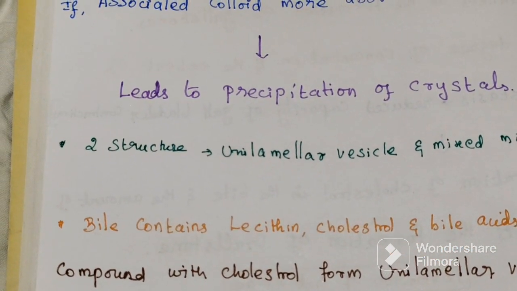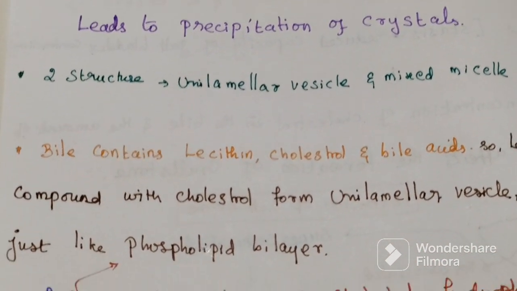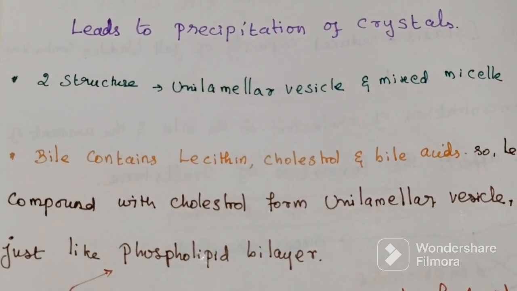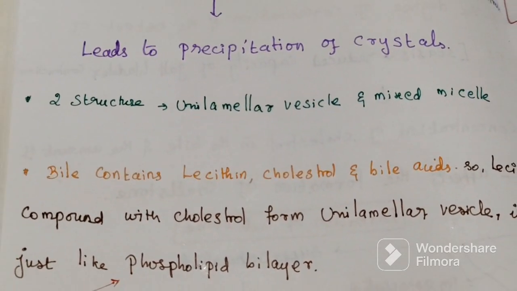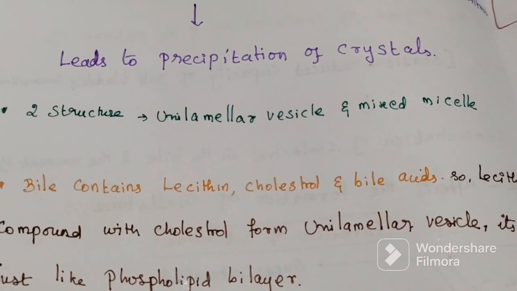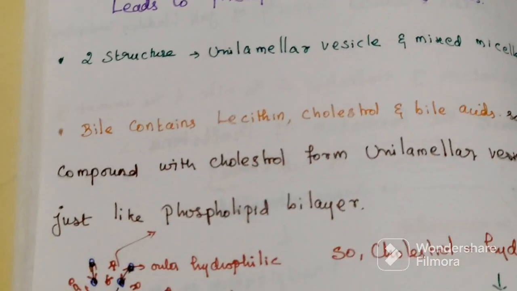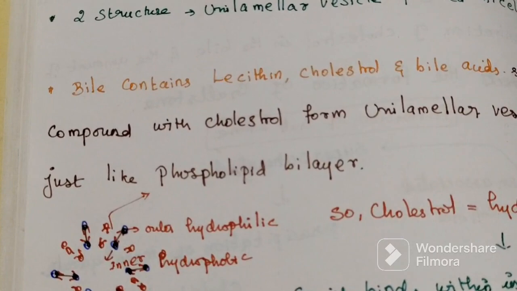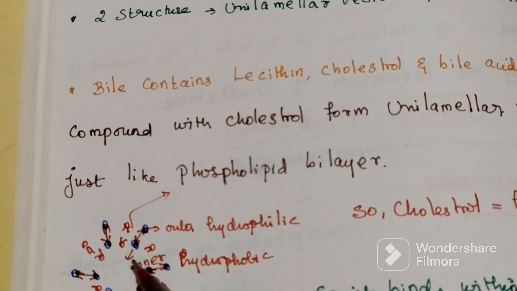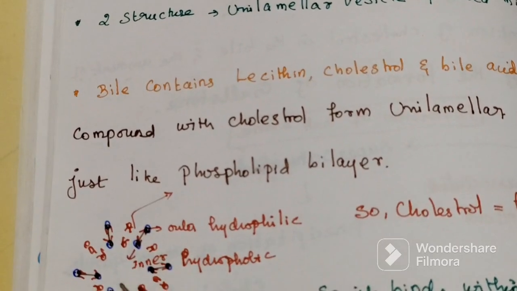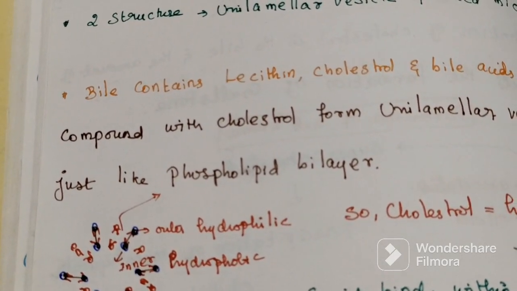Now we know that bile contains lecithin, cholesterol and bile acid. The lecithin component with cholesterol forms the unilamellar vesicle, just like a phospholipid bilayer, where the outer membrane is hydrophilic and the inner membrane is hydrophobic, which binds with the cholesterol.